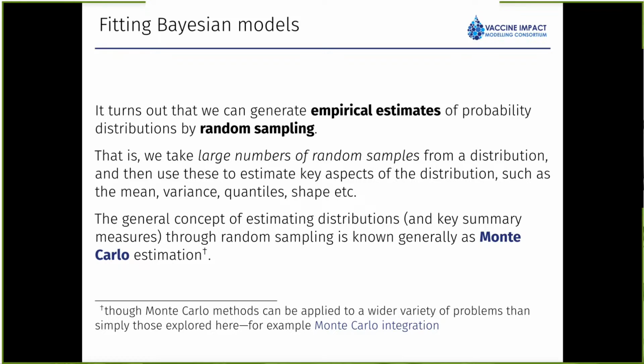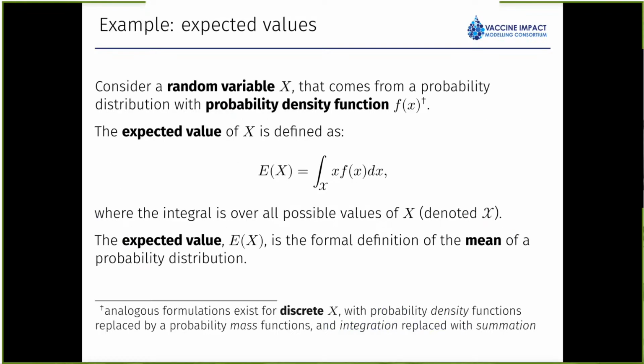You can use it to estimate any integral, for example, even if the integral is analytically intractable. And this all came out of work that was done in Los Alamos in the 1940s. In fact, it came out of the Manhattan Project, a lot of these numerical techniques. So at least something positive came out of them, I guess.